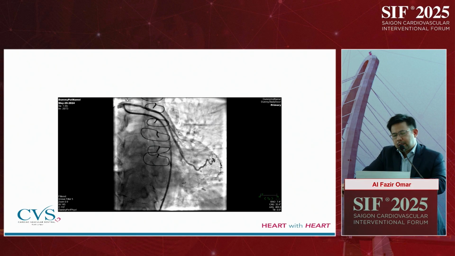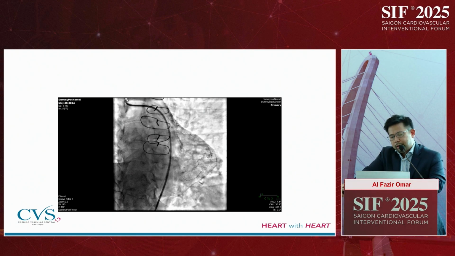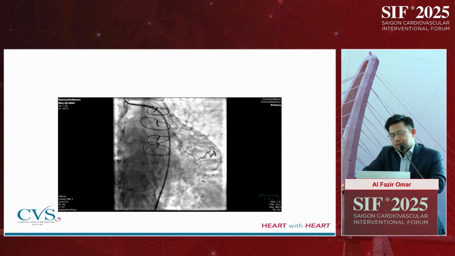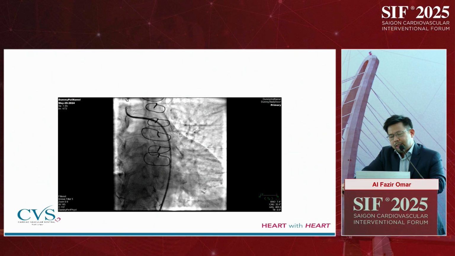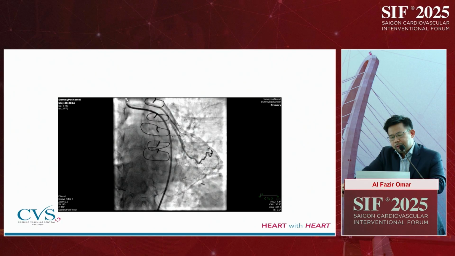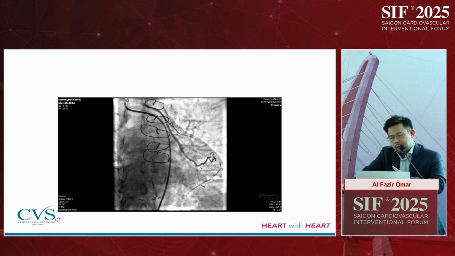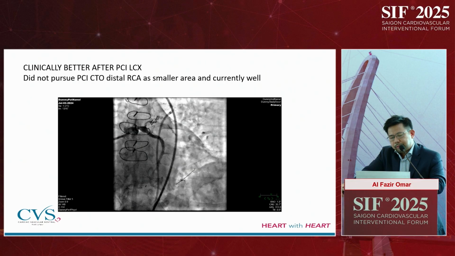But if you look at this, he's got the graft to the OM1. So we were trying to think, where is his culprit? Is it the distal right? But the right is supplied by the LAD, LIMA to LAD. He's also got a very large OM2 or distal circ, a huge distal circ here.